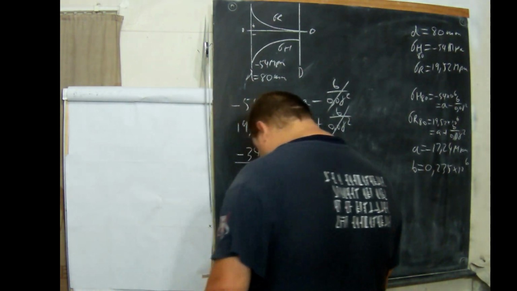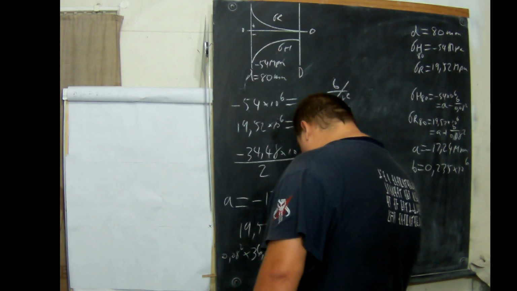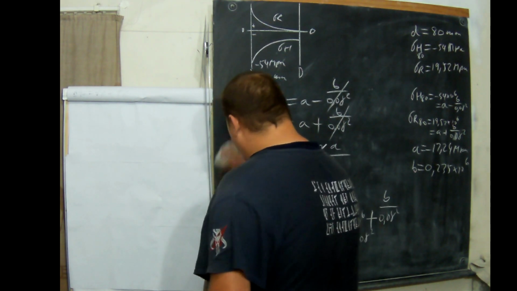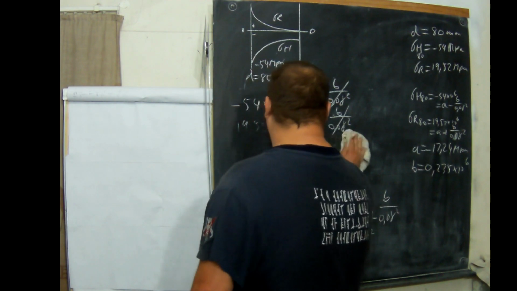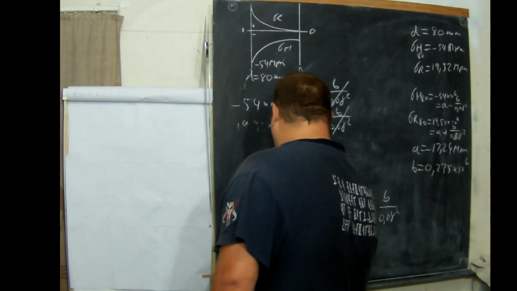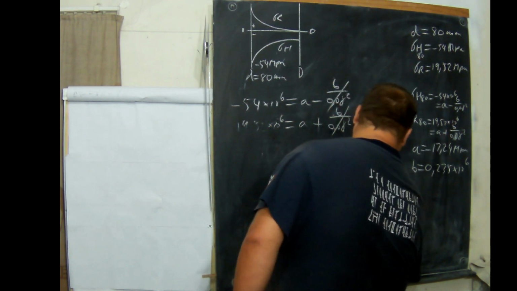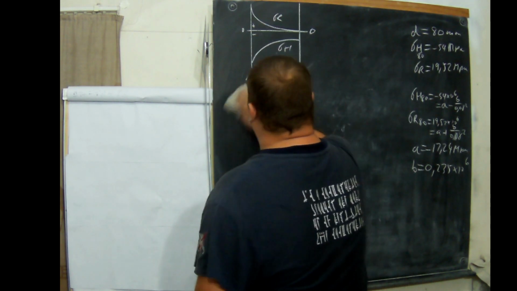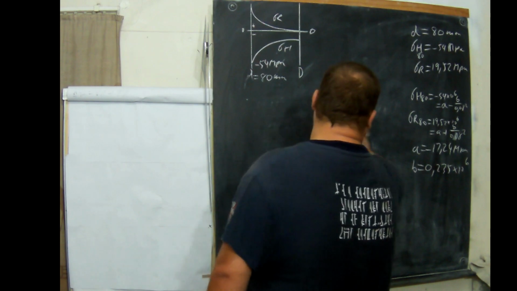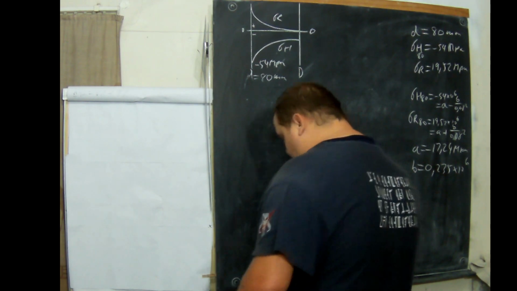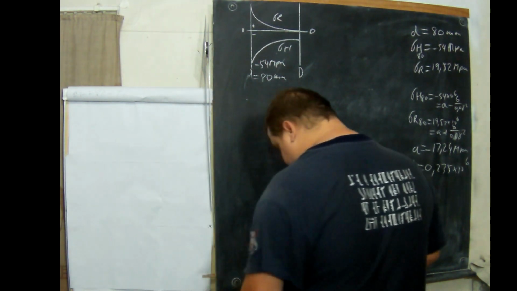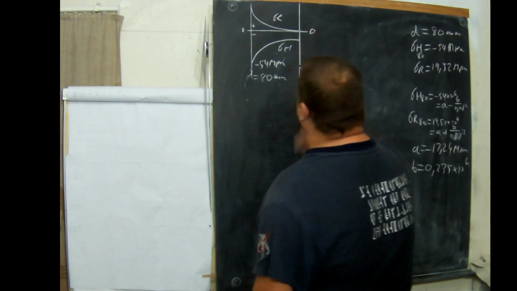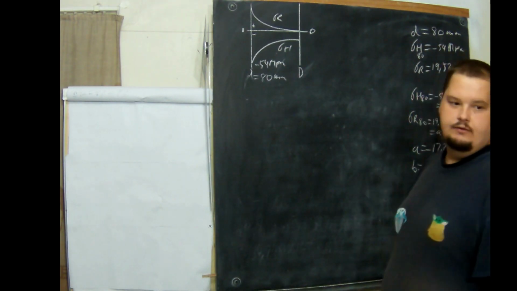Okay. Now what we can do with that, now that we have A and B, is work out our wall thickness. When R is at 0, we know that number.